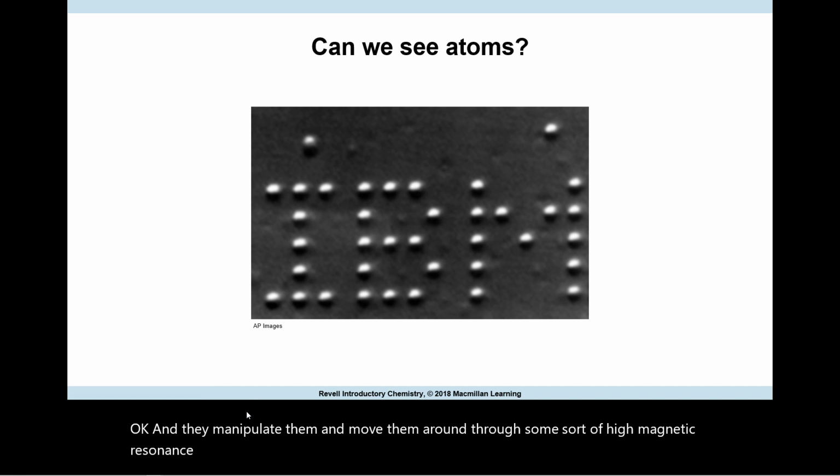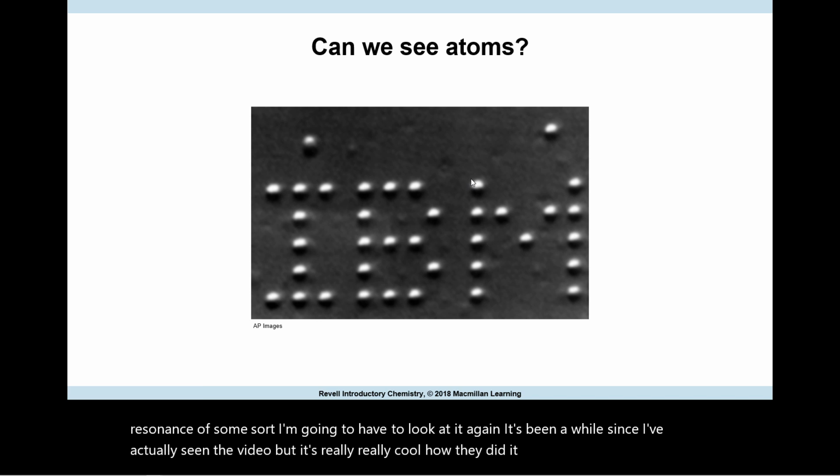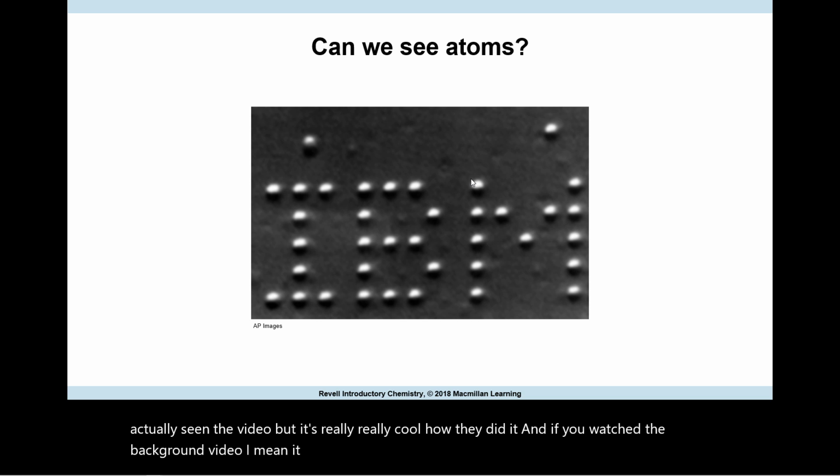I'm going to have to look at it again. It's been a while since I've seen the video, but it's really cool how they did it. If you watch the background video, it took them hours to move an atom.